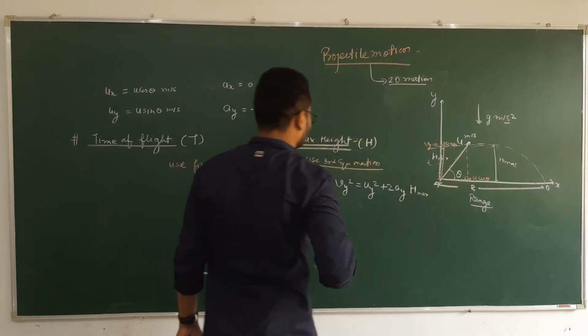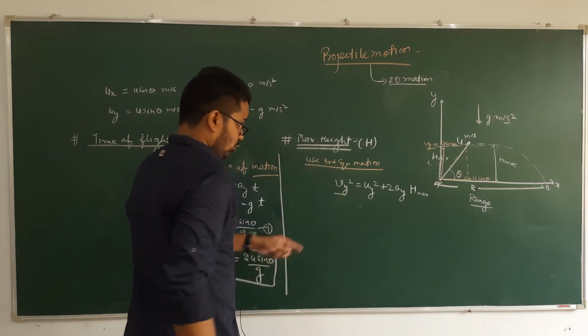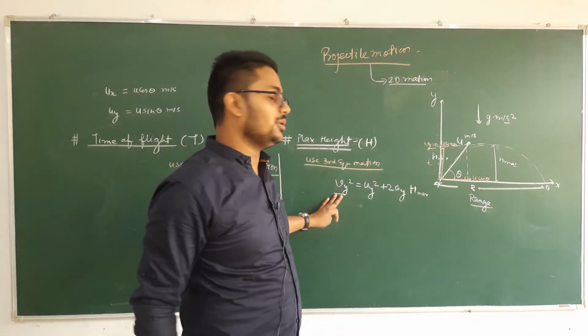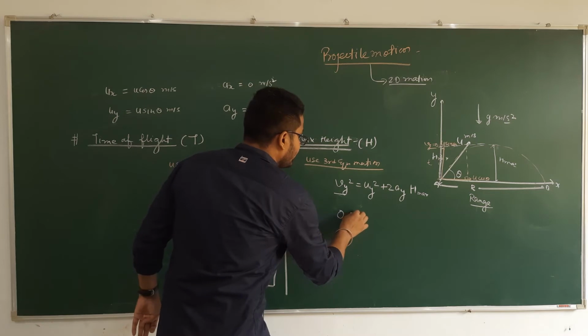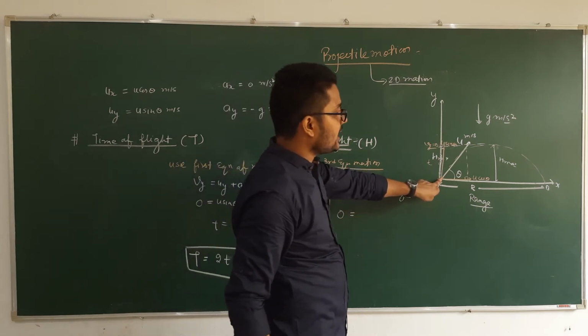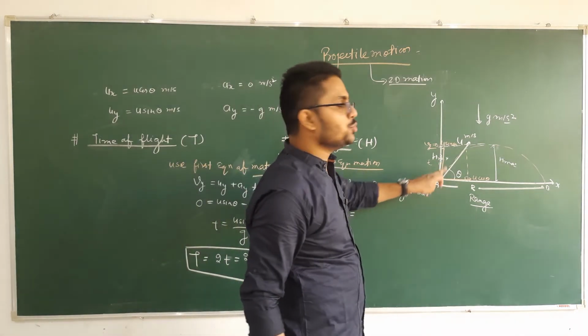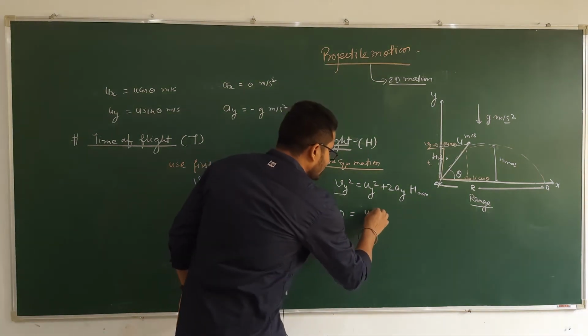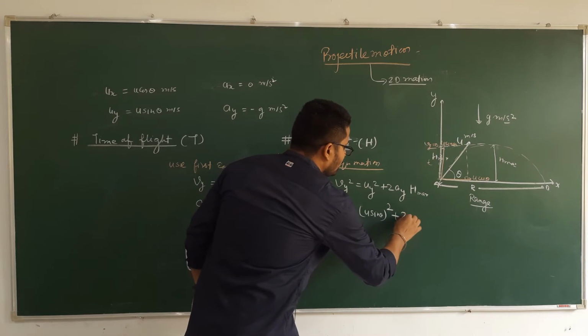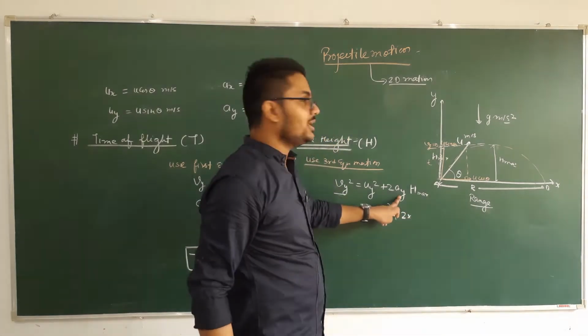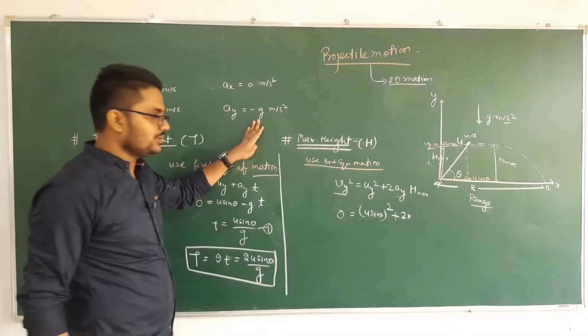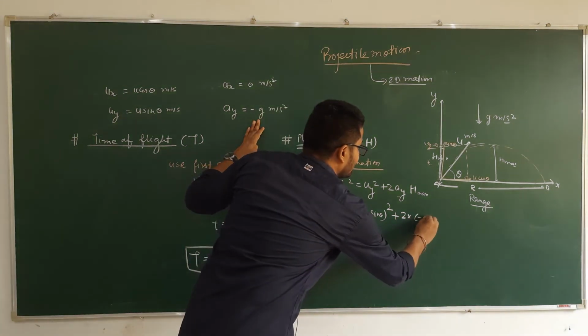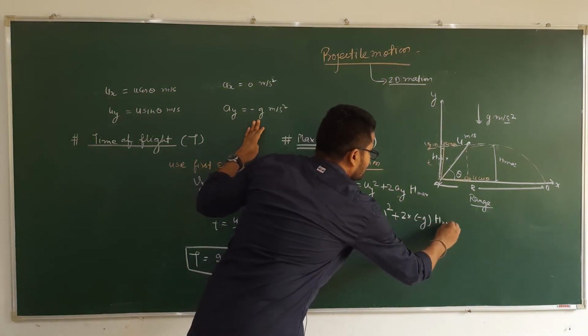So here at the topmost point the vy would be 0. The initial velocity in the vertical direction at origin point A is u sin theta, so it is u sin theta whole square plus 2. What will be the acceleration in the vertical direction? Minus g into h max.